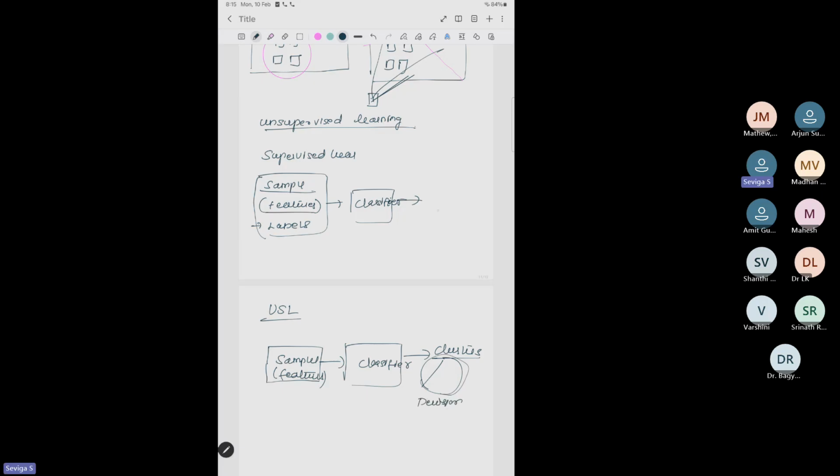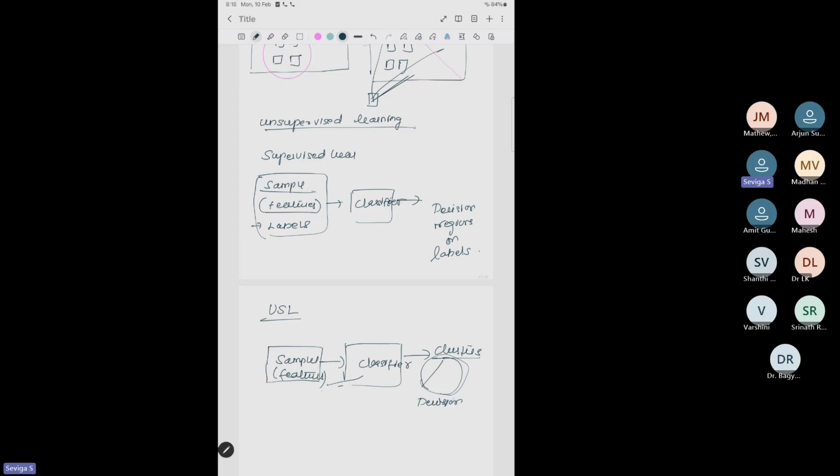Whereas here, the decision regions are based on the labels, here the decision regions are based on the clusters. So it will identify the similar patterns or similar data points, and then it will group them together. And finally, the decision region is made on this.